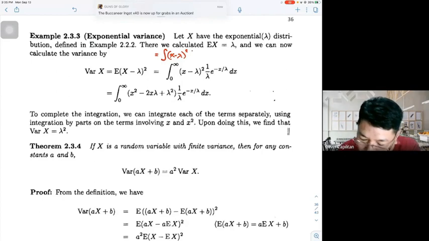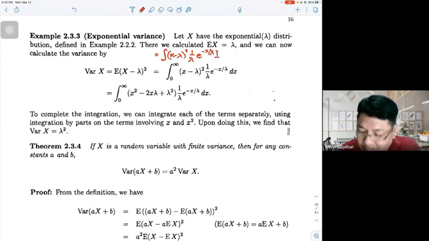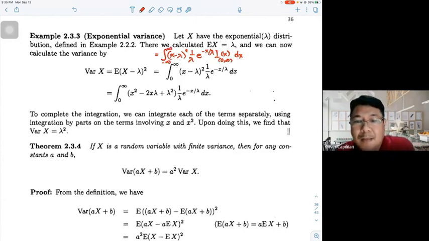And the probability density function, we have 1 over lambda e to the negative x over lambda, and then we have the indicator function on the support of our random variable x. That's actually from 0 to positive infinity. Then we have here dx evaluated from negative infinity to positive infinity. That's the definition of our expectation.